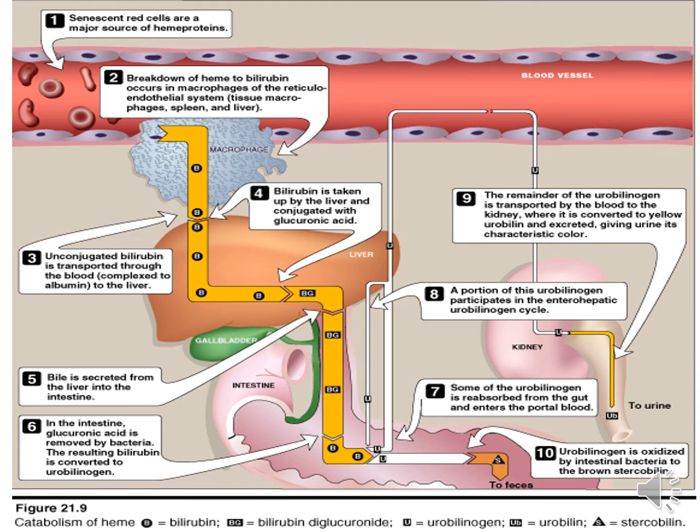The remainder of the urobilinogen is transported by the blood to the kidney, where it is converted to yellow urobilin and excreted, giving urine its characteristic yellow color. Urobilinogen is oxidized by intestinal bacteria to the brown stercobilin.